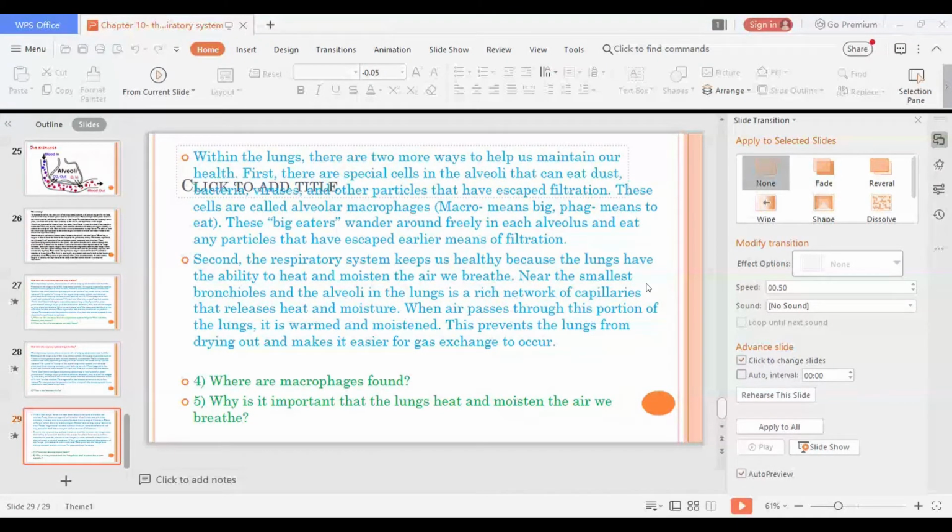The cells are called alveolar macrophages. The big eaters wander around freely in each alveolus and eat any particle that helps escape the means of filtration. Okay, thank you. You can mute yourself now.